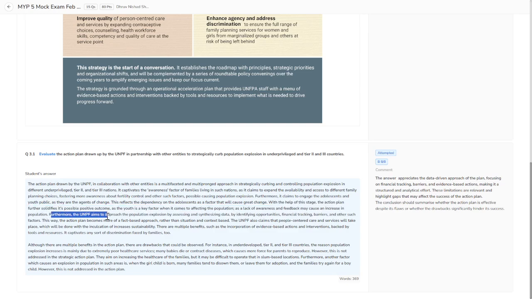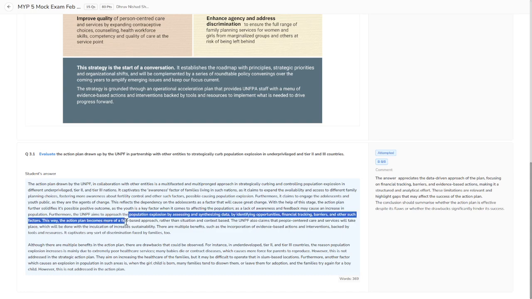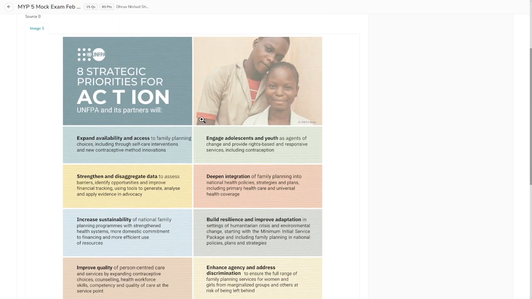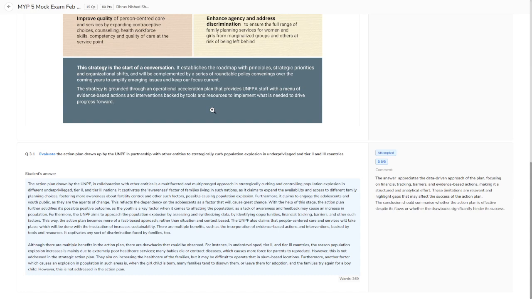Furthermore, the UNFPA aims to approach the population explosion by assessing and synthesizing data, by identifying opportunities, financial tracking, barriers, and other such factors. This way, the action plan becomes more of a fact-based approach rather than situation and context based. So again, I read this and I just elaborated the same while using my wider MYP studies.